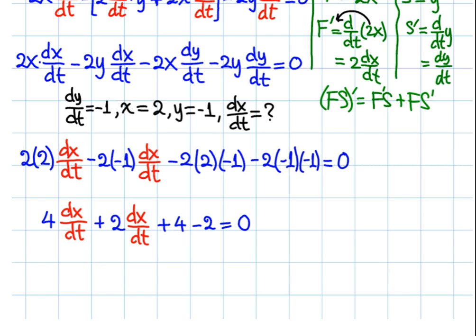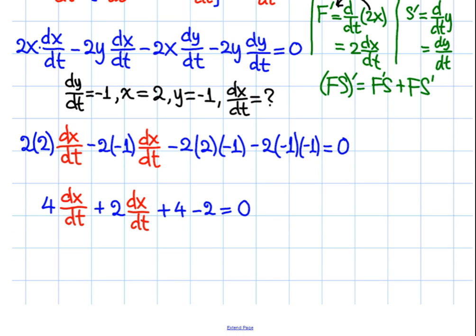Combine like terms, we have 6 dx over dt plus 2 equals 0. And now we just need to subtract 2 on both sides.